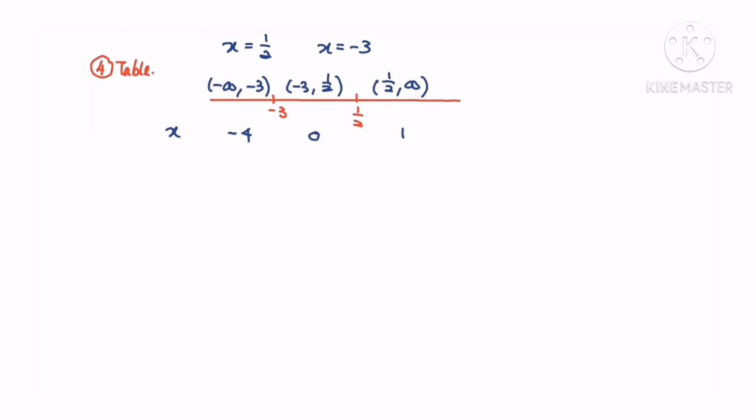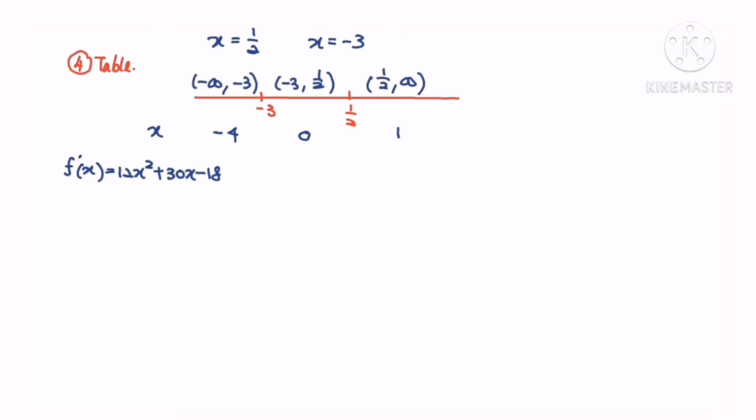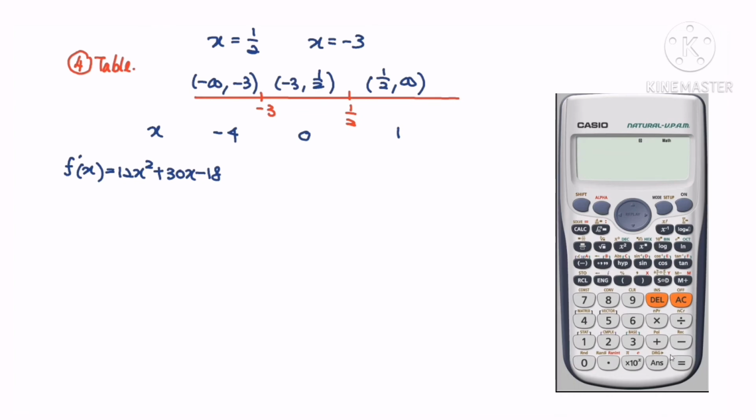Next, we have f prime x, where we have 12x squared plus 30x minus 18. So in here, we are going to key in the function 12x squared plus 30x minus 18.